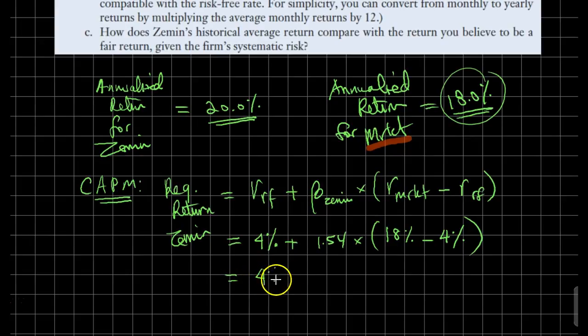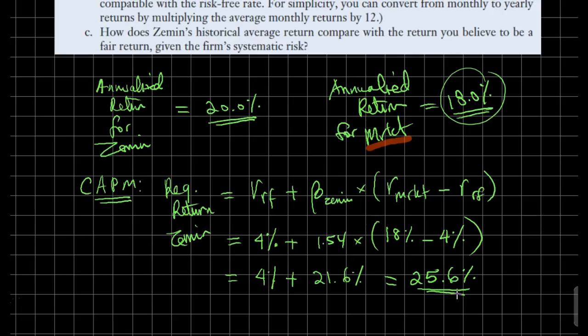We get 4% plus 1.54 times 14%, which is 21.6%. So adding up these numbers, we get 25.6%. That was the required rate of return for Zemin, for our security.